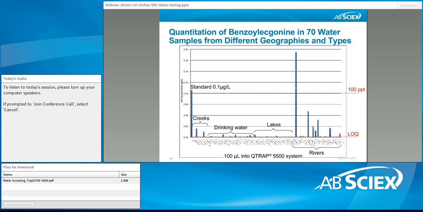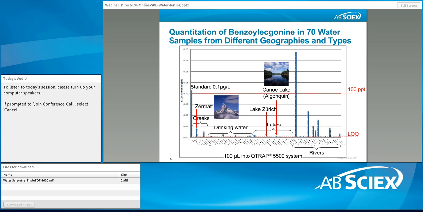It's a good thing to know that the drinking water is almost free of the cocaine metabolite. We found it in a couple of creeks and lakes, which, for instance, includes the creek going through Zermatt in Switzerland, a very beautiful and rich mountain village, and also the lake of Zurich in Switzerland.